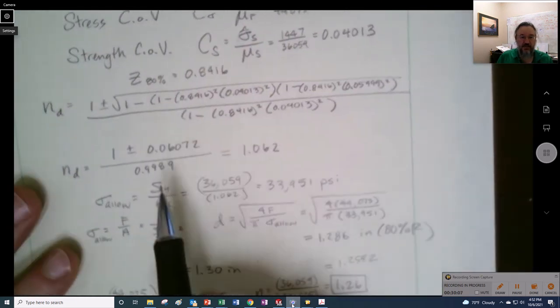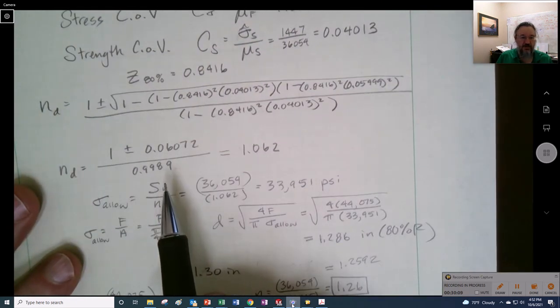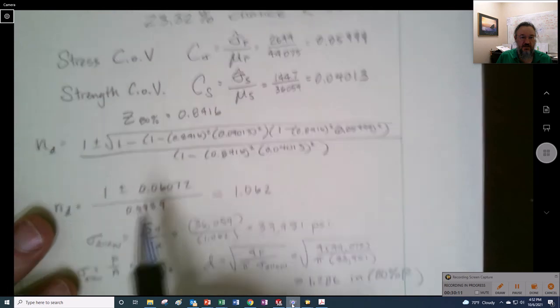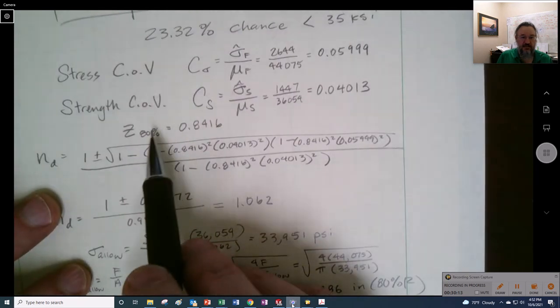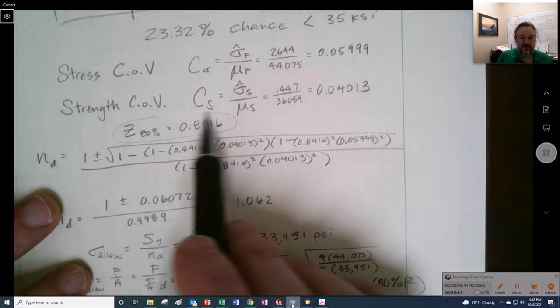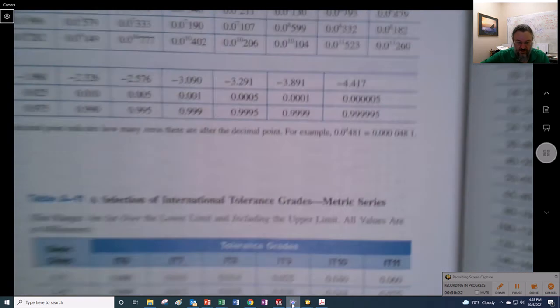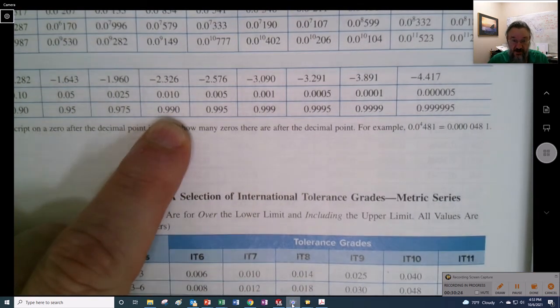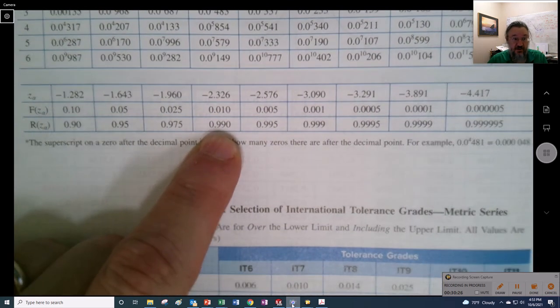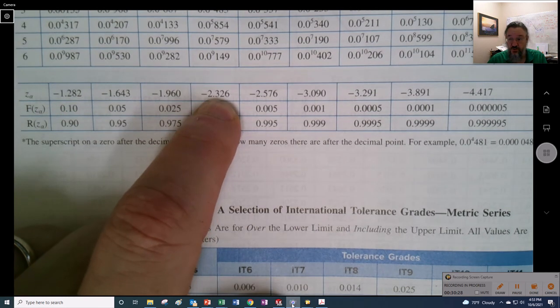What I would have done instead is replace this Z right here with the 99% one, which I could find from here, right? So 99% right here is going to be 2.326.